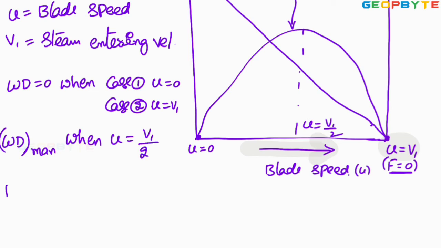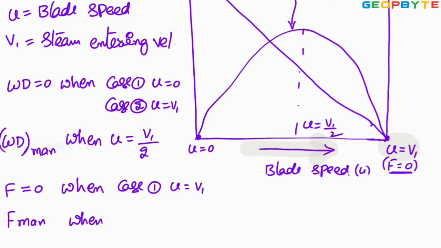Similarly, force acting on the blade equals 0 when u equal to v1, should be very careful, u equal to v1, and the force is maximum when u equal to 0, blade speed equal to 0.